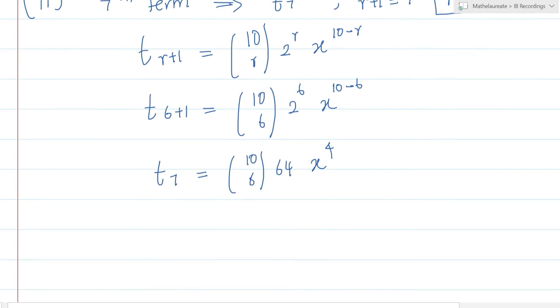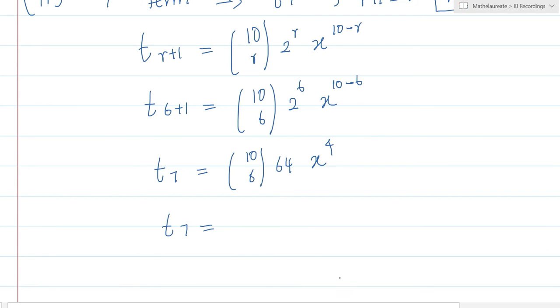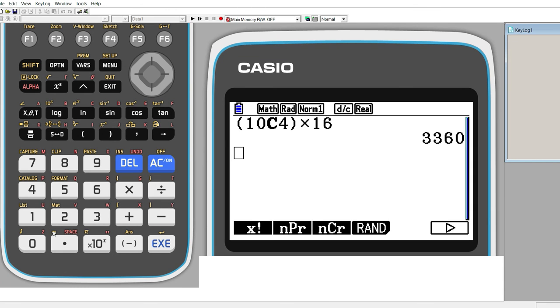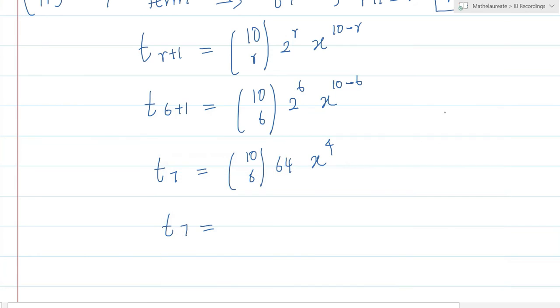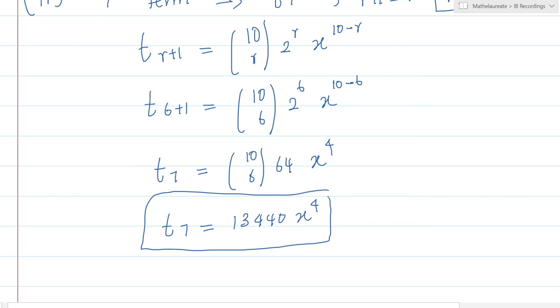Let's use the GDC to find this product: 10C6 times 64 is 13440. So 13440 x raised to 4 is the seventh term in this expansion.